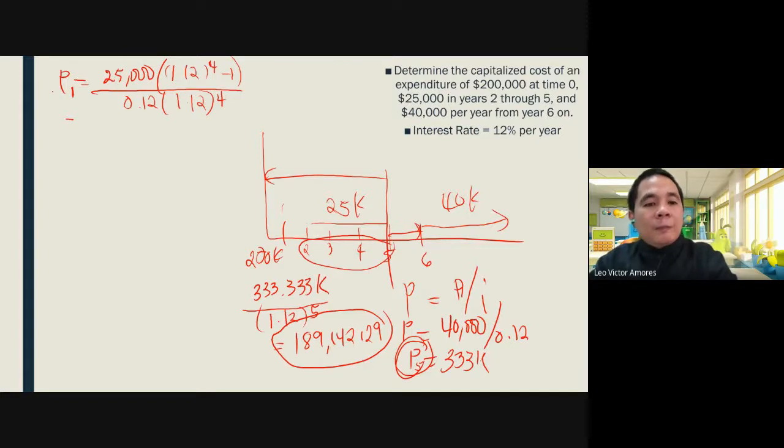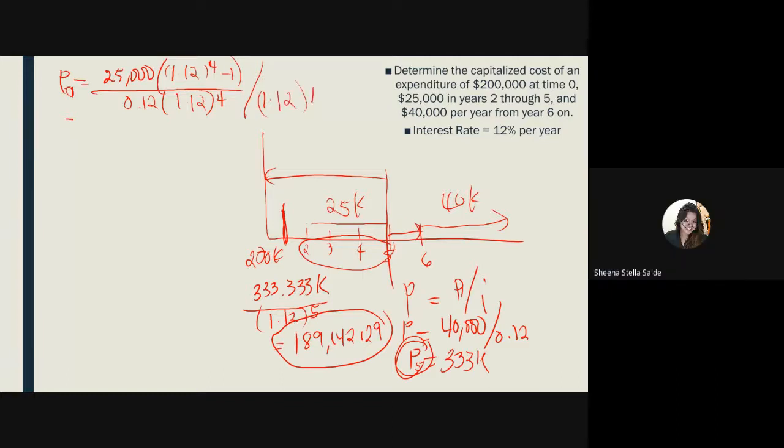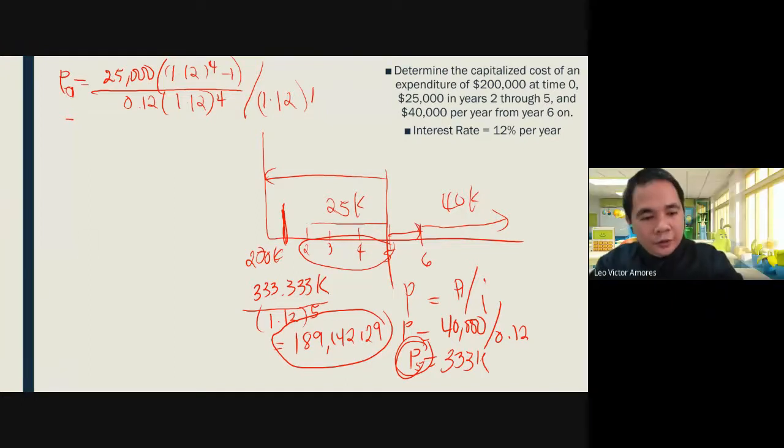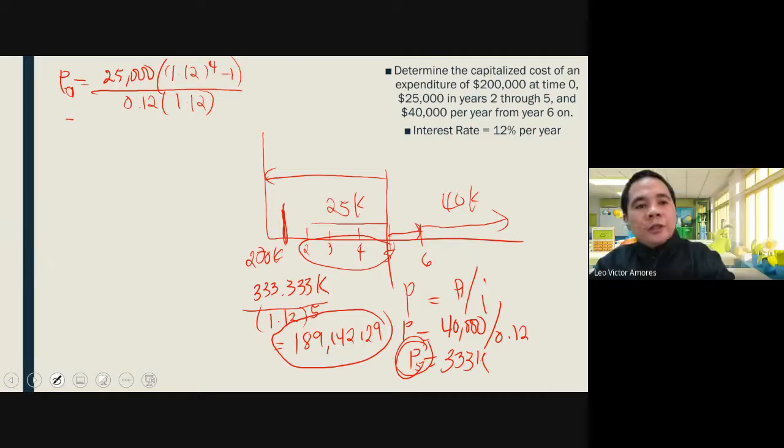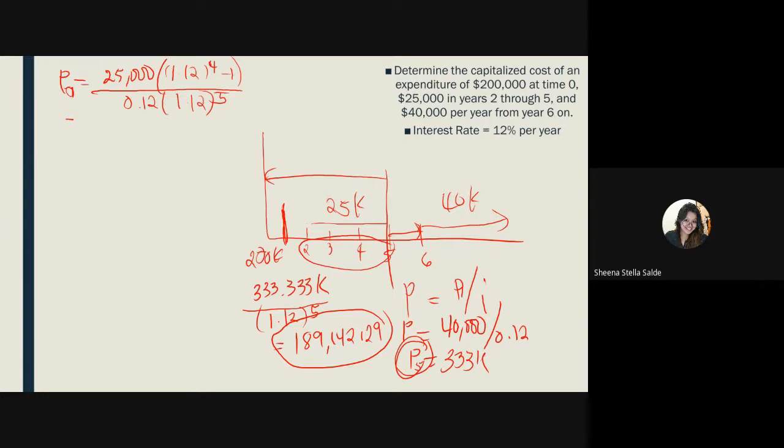The present value you get is at P1. In order to get the value at year 0, divide by 1.12 to the exponent of 1. Okay? In other terms, this is equal to 5.